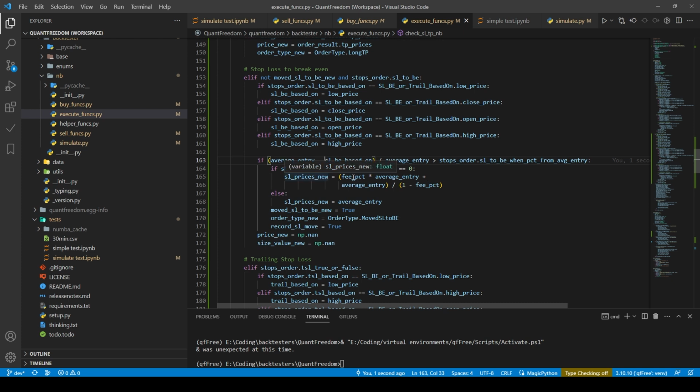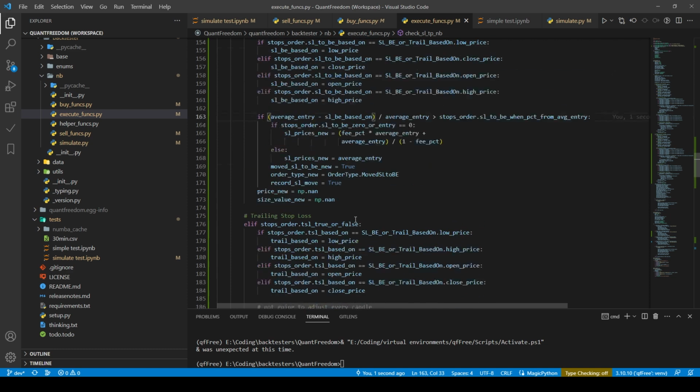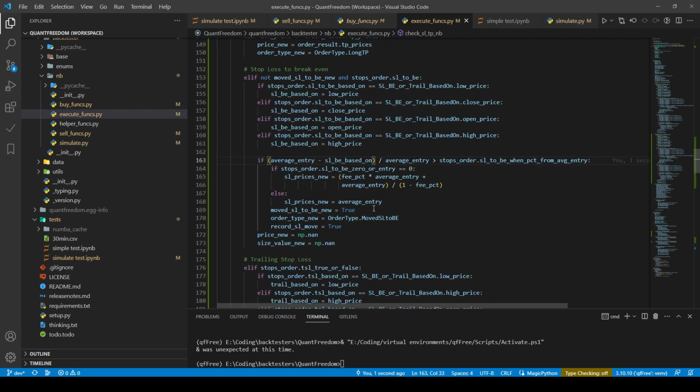Stop loss price new, fee percent times average entry plus average entry divided by 1 minus fee. Oh no! I feel like I have to change this, but I don't know what it is. Solving for... Oh, no, wait. Wait, what?